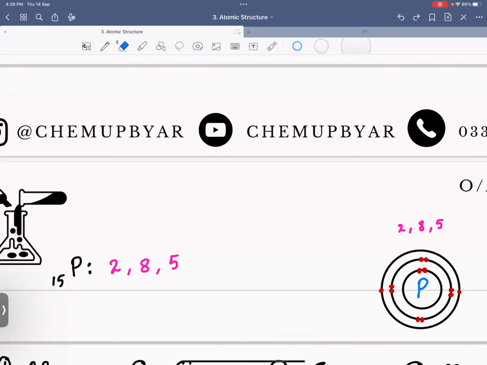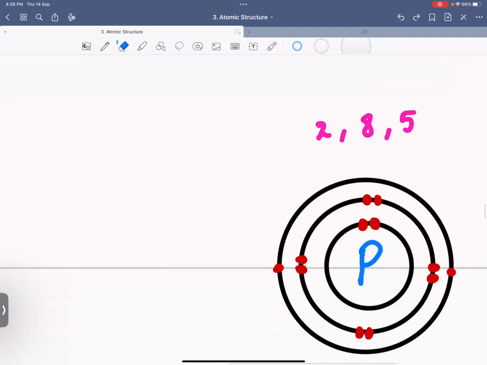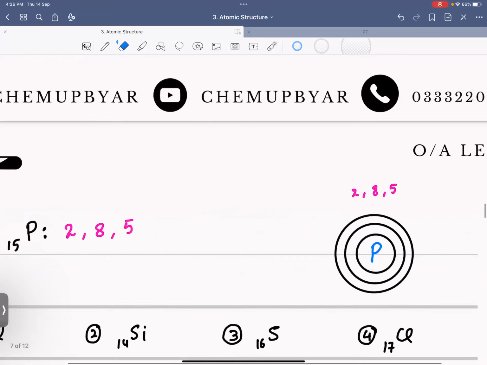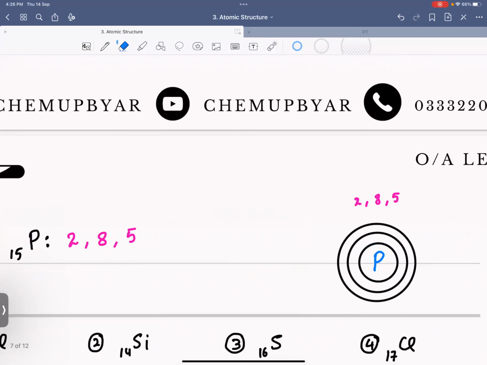There are 15 electrons. So the electronic configuration is going to be 2,8,5, right? Okay, so that 2,8,5 is telling me that 2 electrons are in the first shell, then 8 electrons are in the second shell, and then 5 electrons in the third shell.